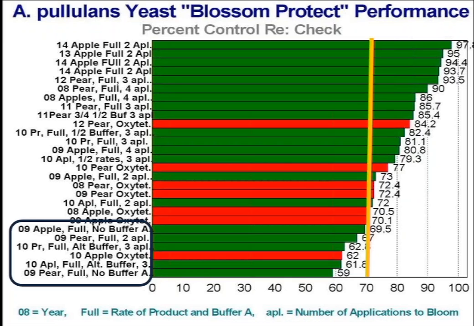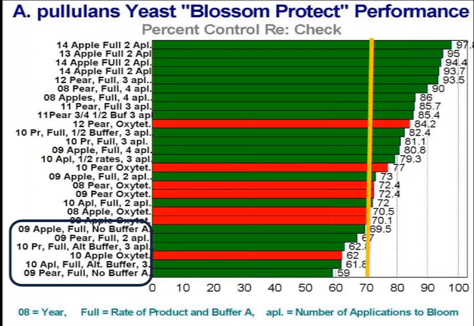And I think that anything that controls fire blight at this percentage of about 70% or better is excellent. And you'll notice that Oxytet, a product that we've always relied on, and it is very effective if you time it right, is clustered there around 70 some odd percent control.